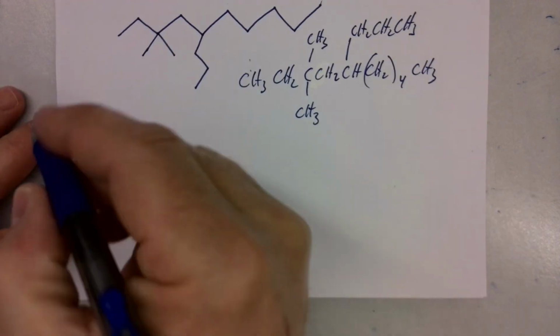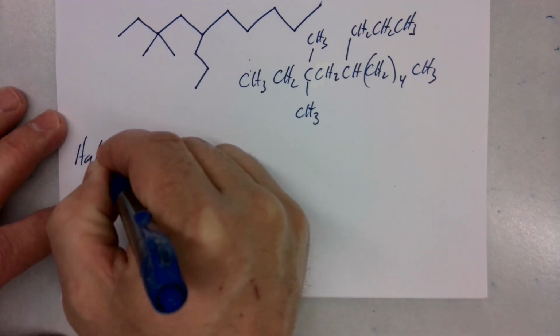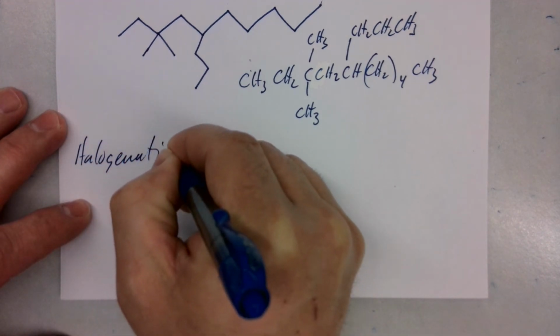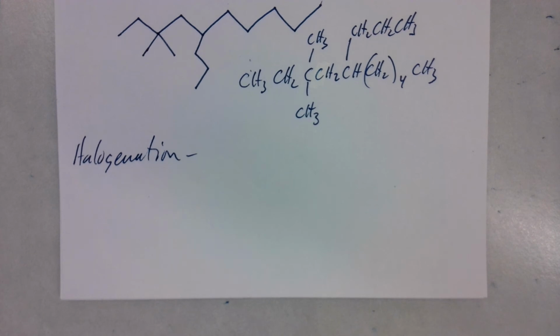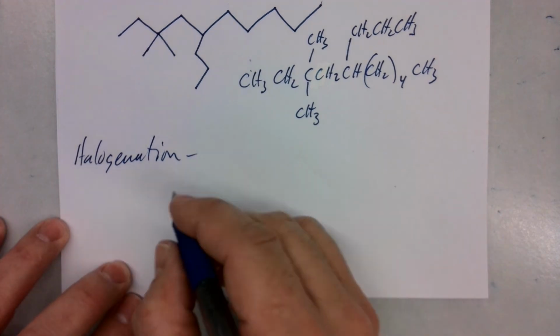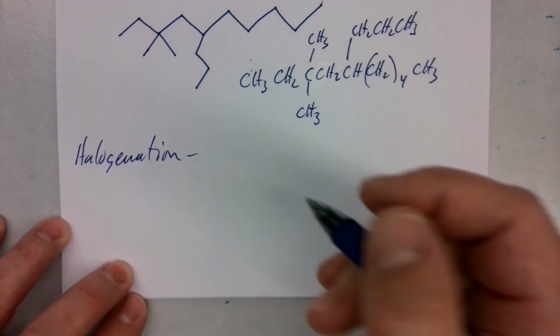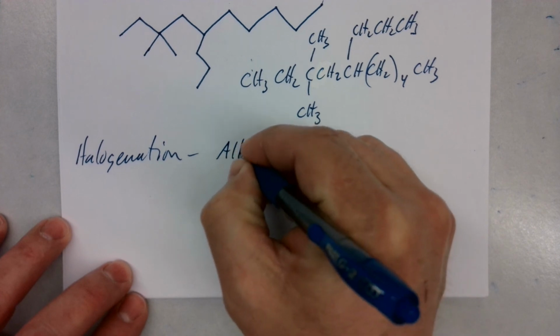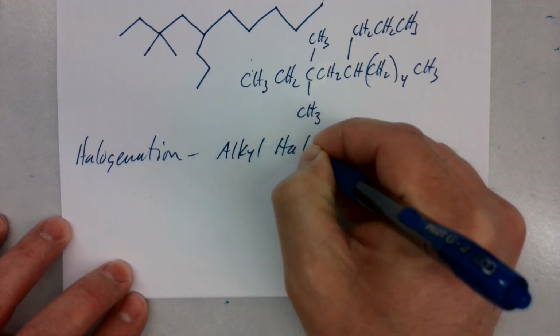Alrighty. So, we need to talk briefly about something called halogenation. Now, we talked about this before, but I don't think we really understood it. Halogenation of an alkane is going to give you what is known as an alkyl halide.